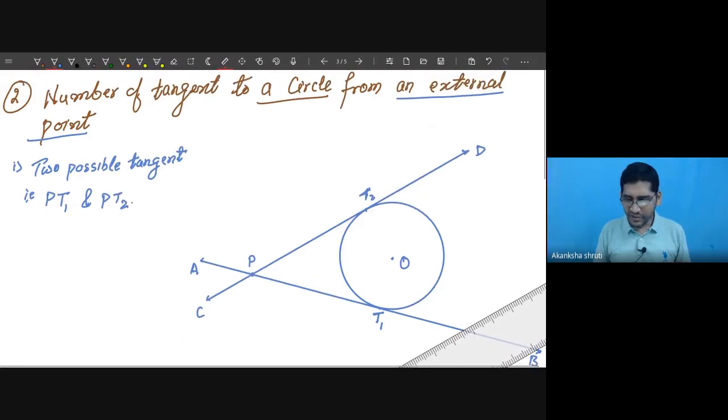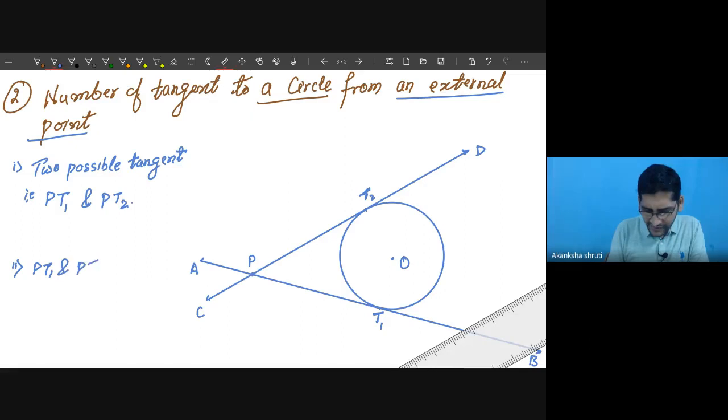Now come to the properties of these tangents. The property of this tangent is that PT1 and PT2 are called the length of tangent. The length of tangent means the length of the line segment from the external point to the tangential point. PT1 and PT2 are lengths of tangent.